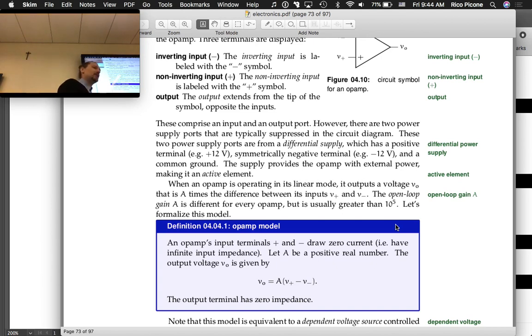You can get distortion with a linear system too, depending on the frequencies of those components, but your distortion with a nonlinear system is going to be way, way more drastic.